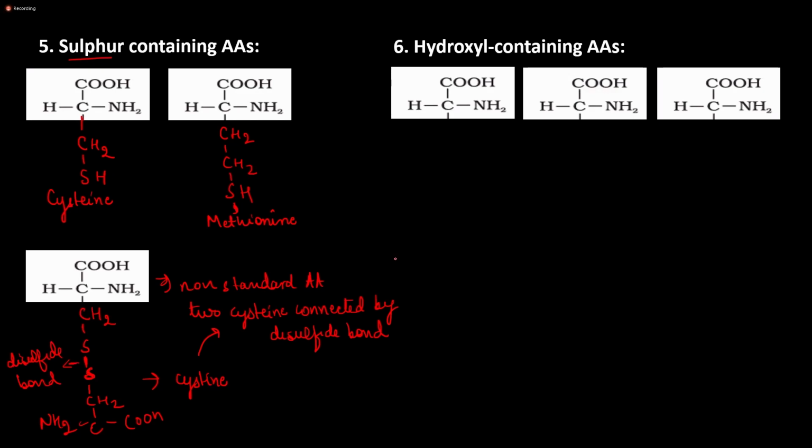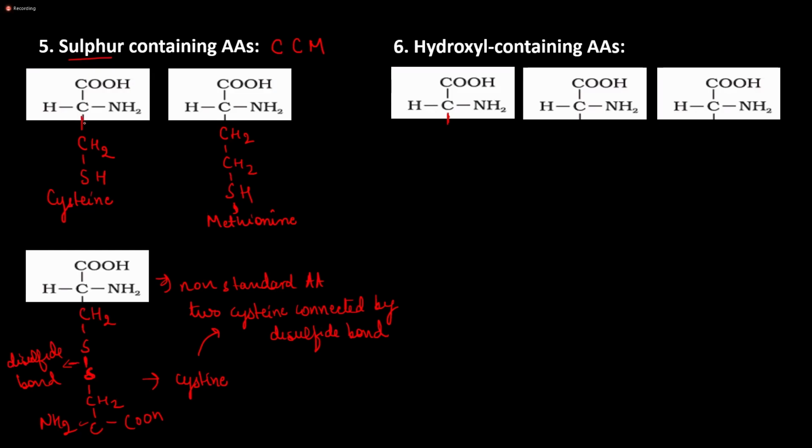Now next we will see hydroxyl containing amino acids. For sulfur containing, you can remember it like CCM: cysteine, cystine and methionine. Again, like sulfur containing amino acids, we have 3 hydroxyl containing amino acids. The first is like cysteine only.